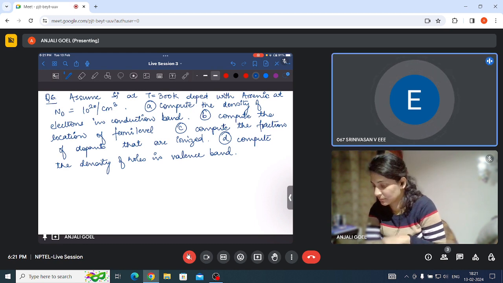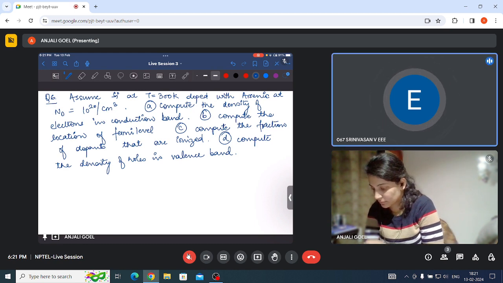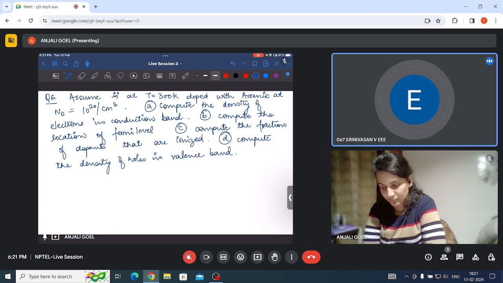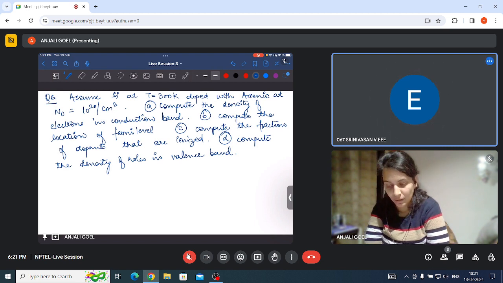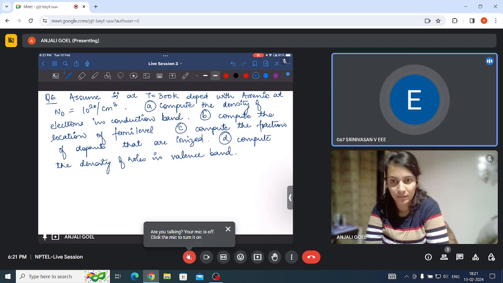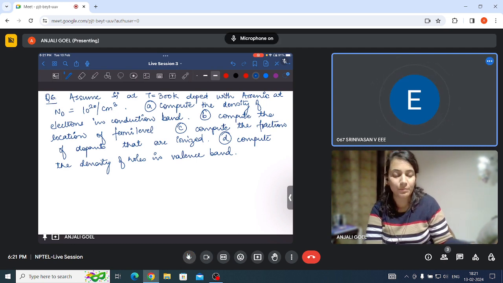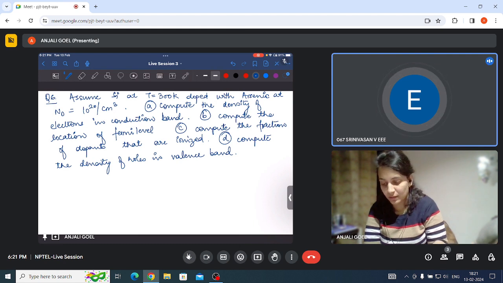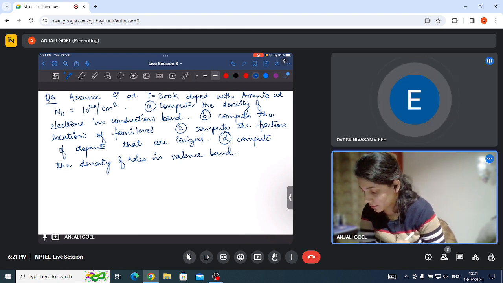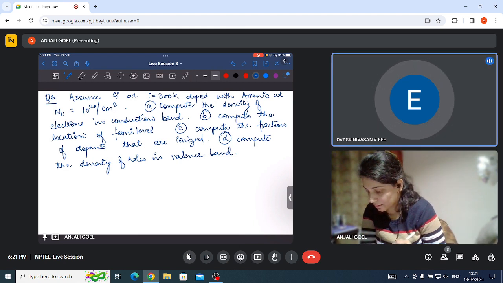Ma'am, for Nd equal to 10 to the power 20, can we take impurity scattering and calculate that, right? In which part? I can't hear you. A part, okay, and then I can find the mobility from there.